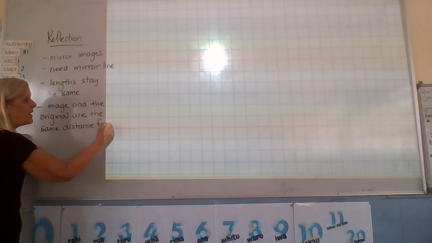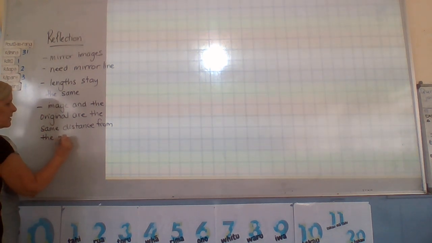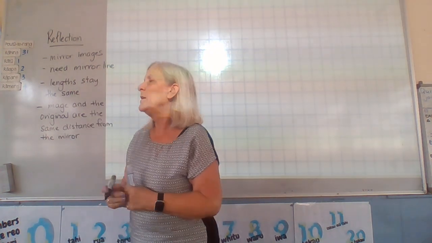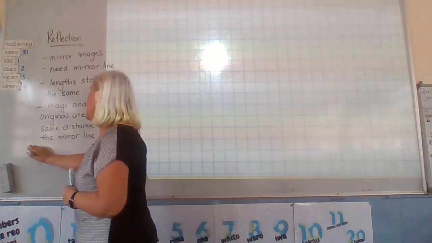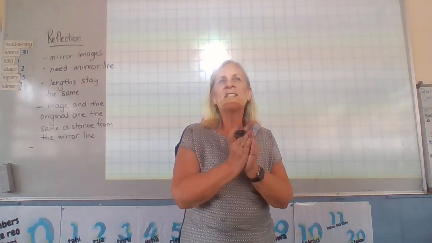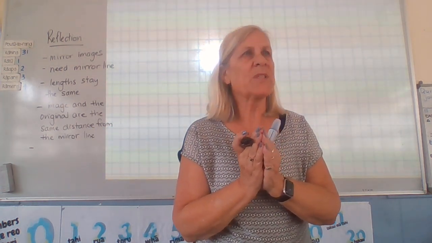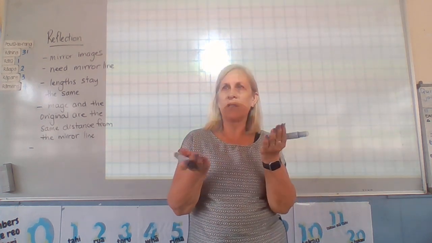And I mentioned one other thing with translation, and it was about invariance. For invariance in reflection, what points don't move? What points will stay exactly where they are when we're reflecting an object?